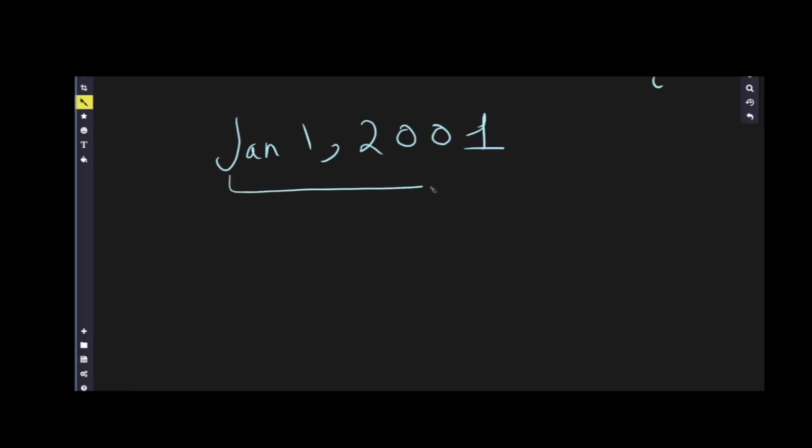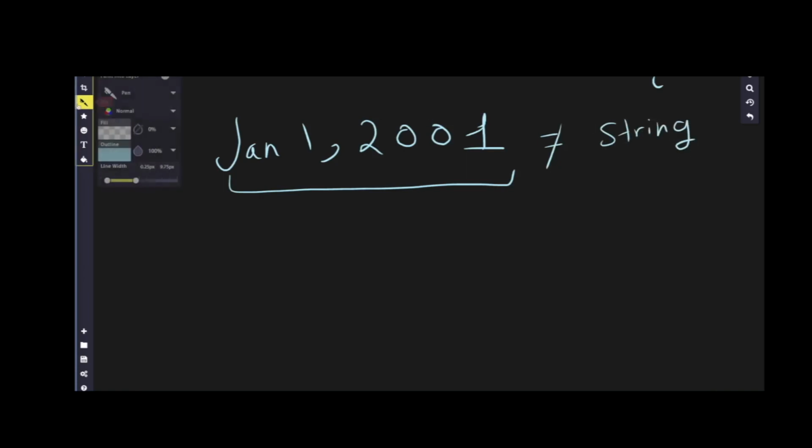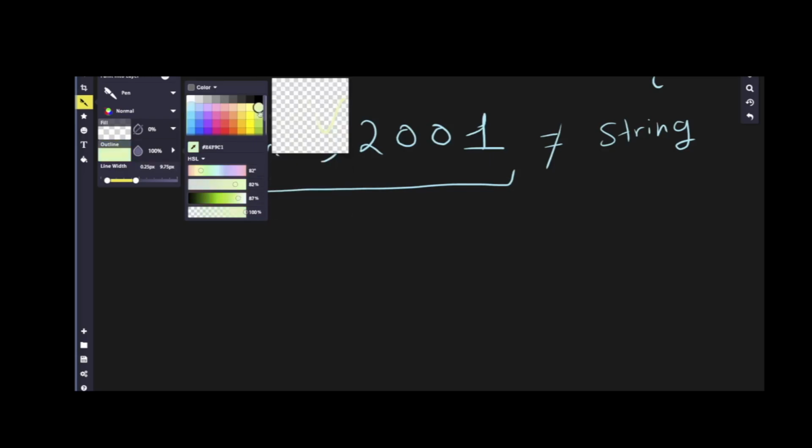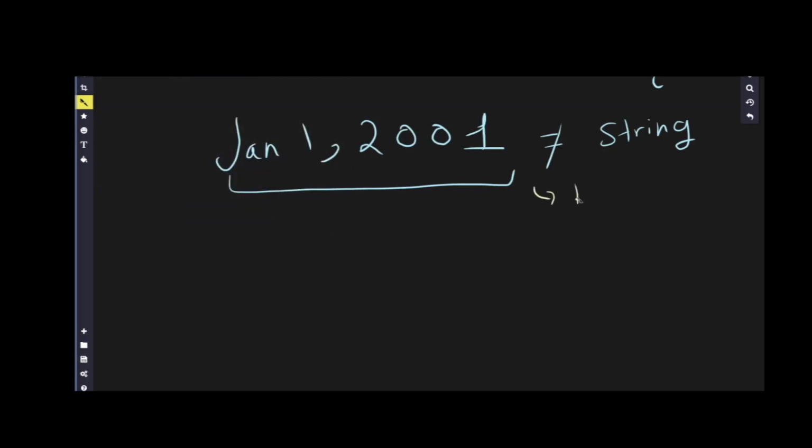Remember, it's not a string, but rather it's a DateTime object. I'll make it a different color so it's easier to see. It's actually a DateTime object. And what that means is it has things inside of it. For example, the weekday method that we looked at gives you the day of the week.